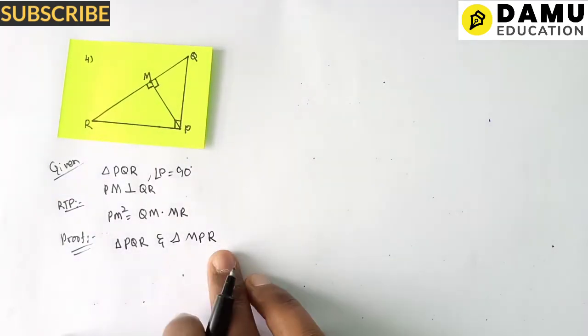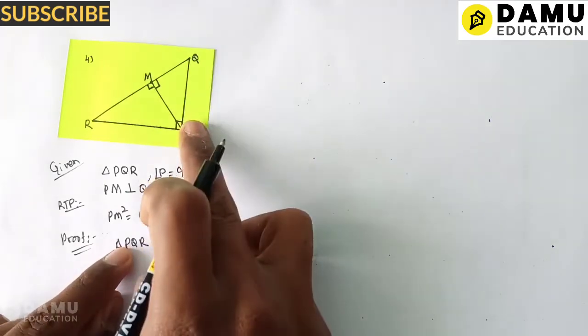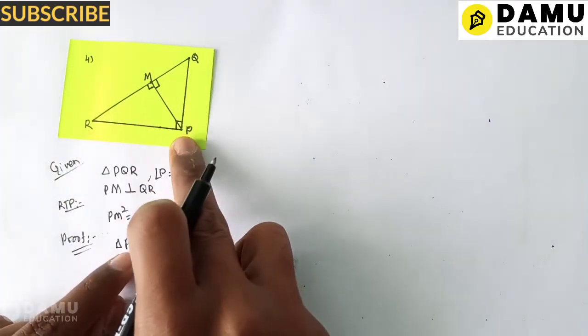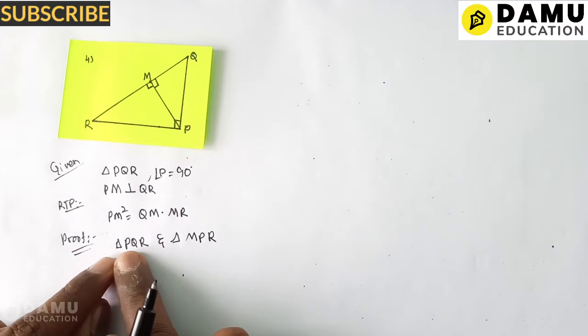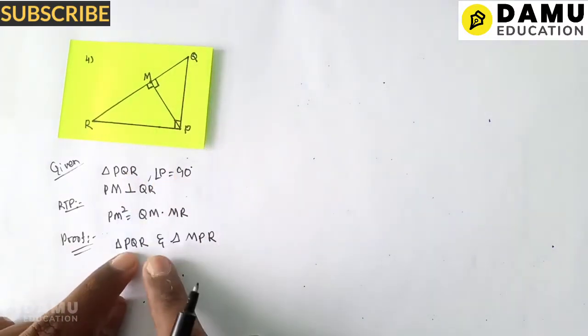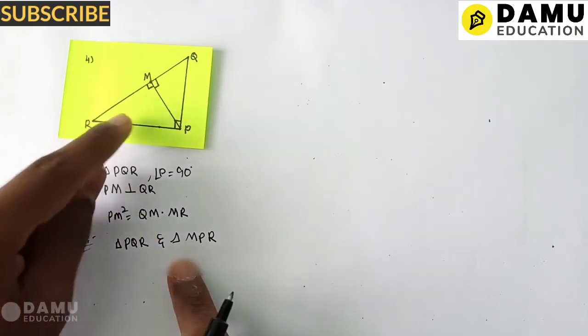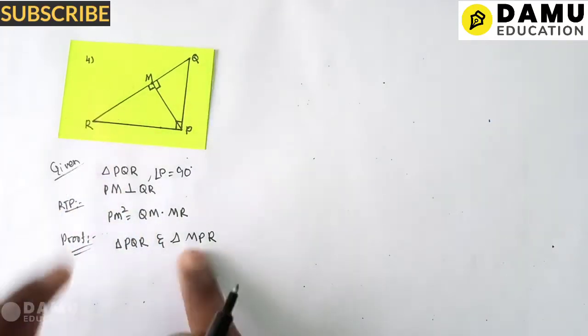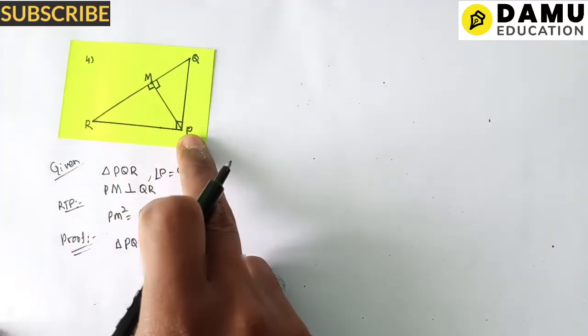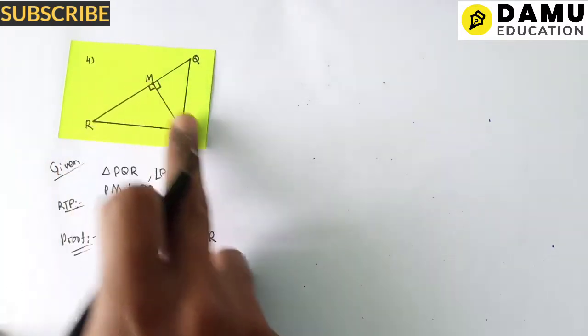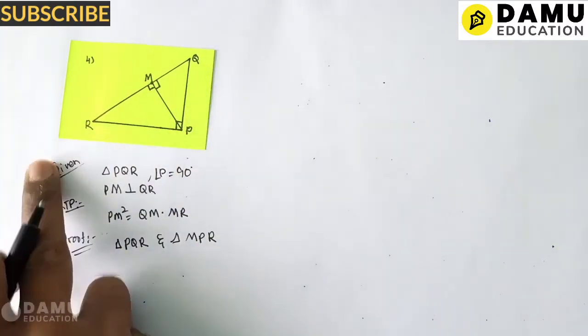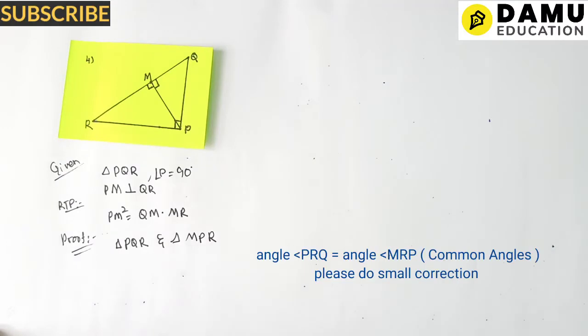How I am taking PQR and MPR here is: in PQR, P is the right angle, that is 90 degrees, Q is the height point and R is the base point. In MPR also, M is at 90 degrees. This is the height point, and R is the corresponding base point. Like that we have to take it.